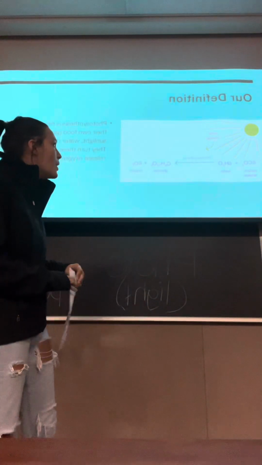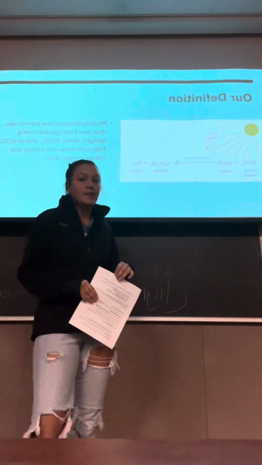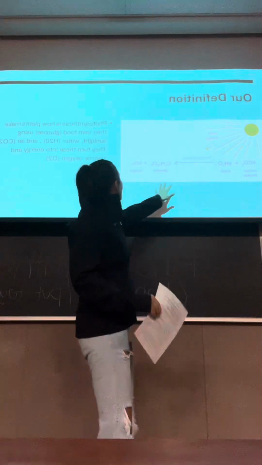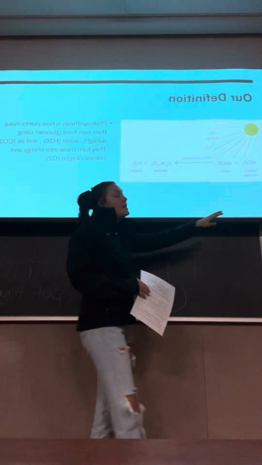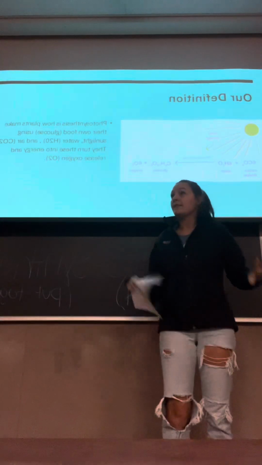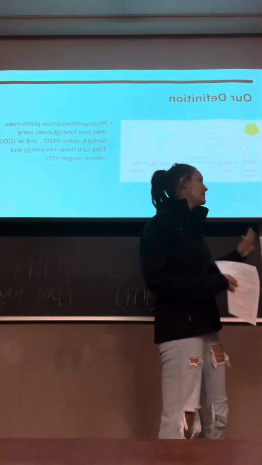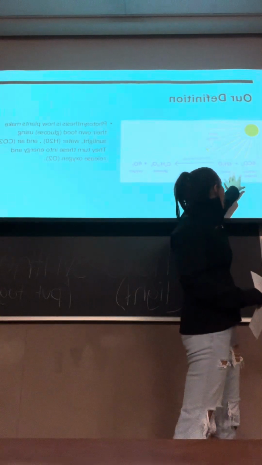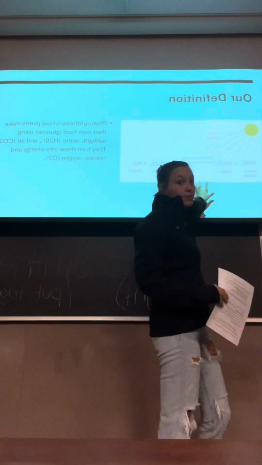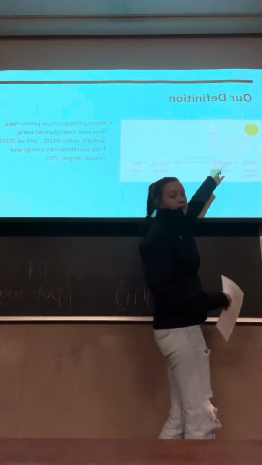So our key components of photosynthesis here, if we follow our equation and follow our definition together, we know that for photosynthesis to happen, we have to have carbon dioxide and water going into the plant and solar energy.